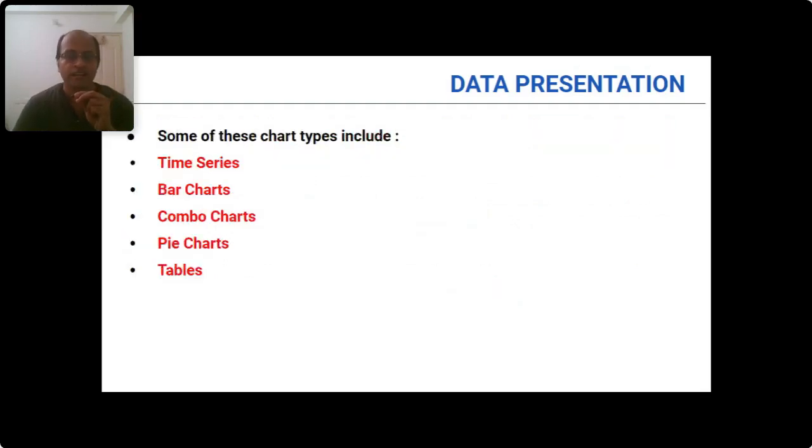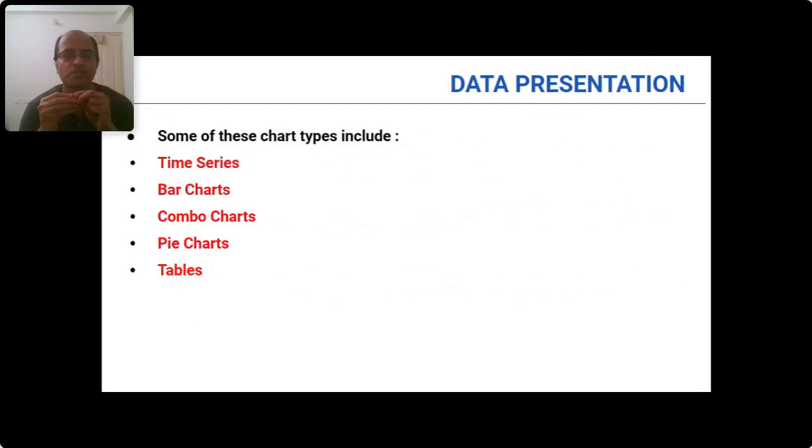Now, there are different charts which are used for data presentation. I think most of the participants are aware of the kinds of charts which are used for it. One is the time series. So based on the time you present how the evaluation of data has happened. You have the bar charts.